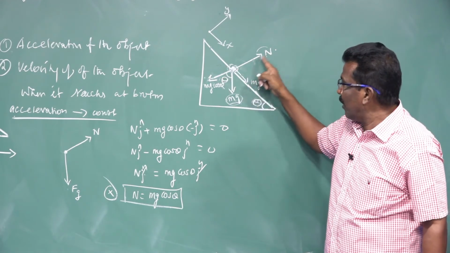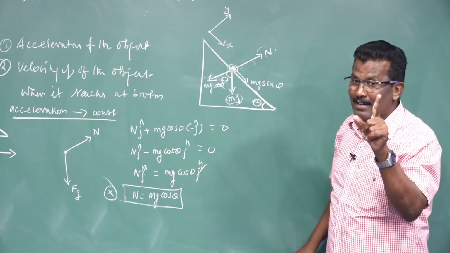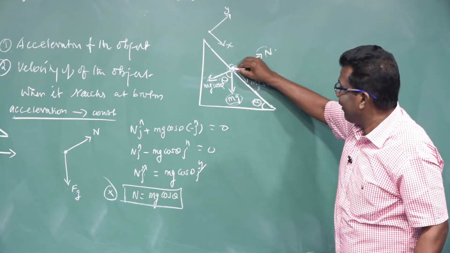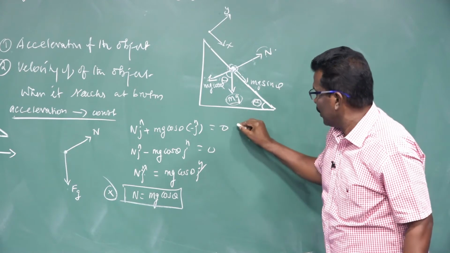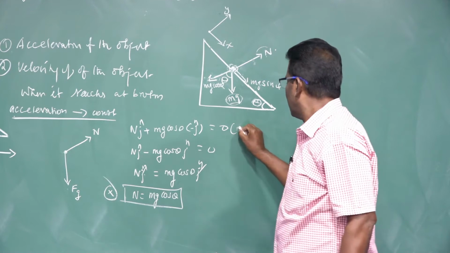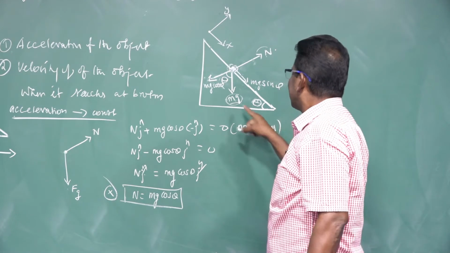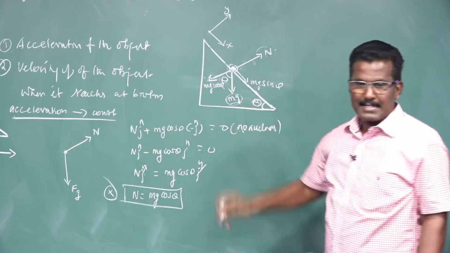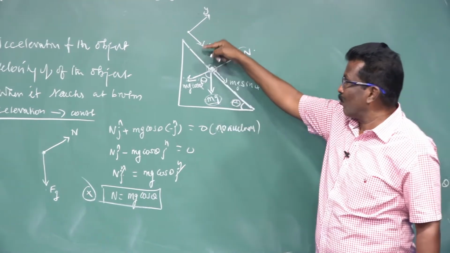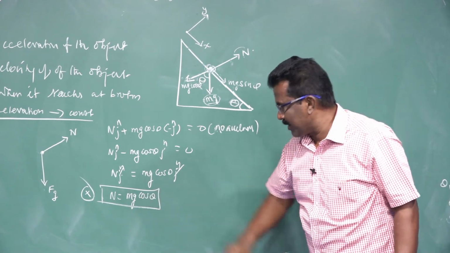The body does not move upward or downward, but it has to accelerate along only one direction. So there is no acceleration along the y-axis. The body oscillates only along the x-axis. Here N is equal to mg cos theta.